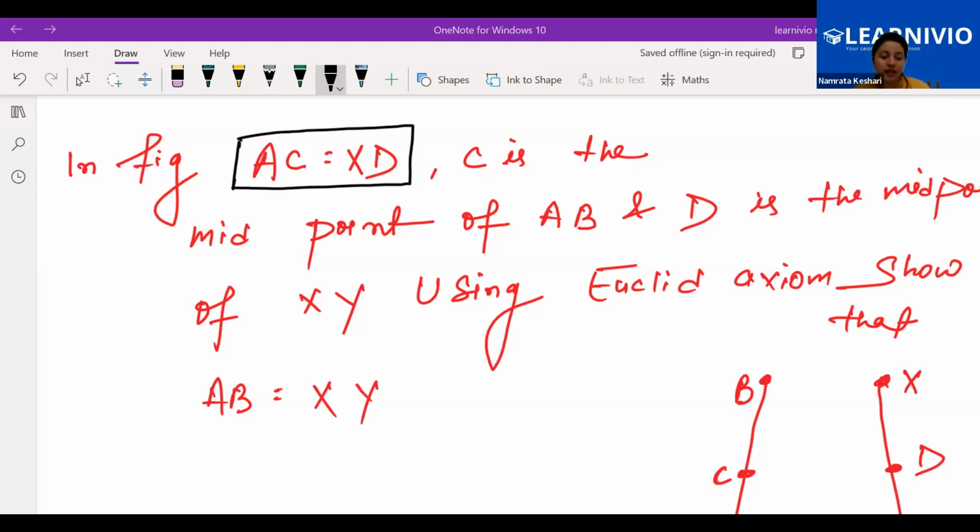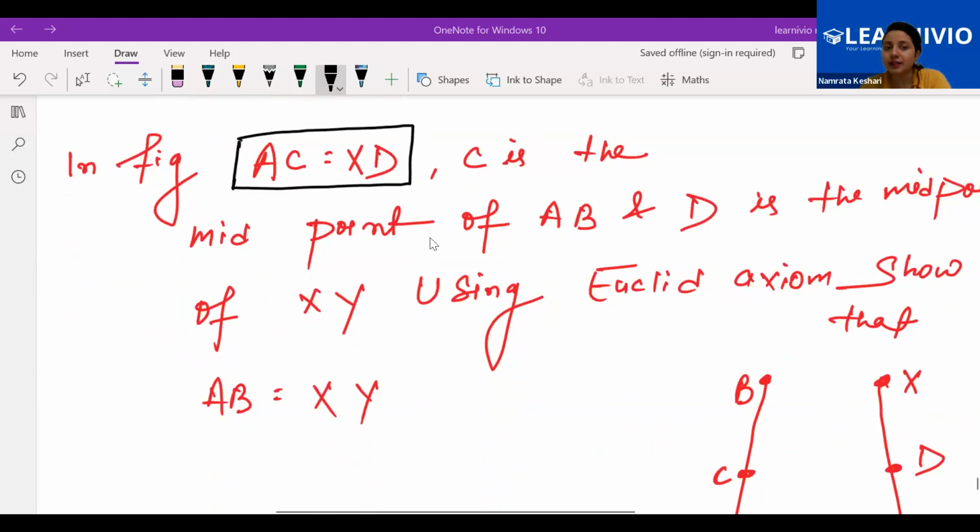Arhan is also saying axiom 1. Check it. Is it so? So the first axiom is: things which are equal to the same thing are equal to each other, right? That's what the first axiom is.